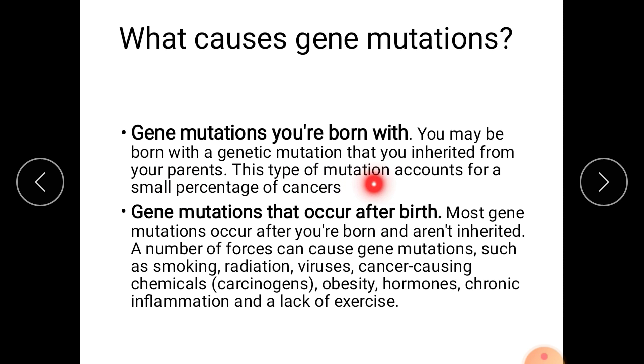This type of mutation accounts for a small percentage of cancers. So people may be born with a genetic mutation that they have inherited from their parents. Very small percentage of cancers may be because of this type of inheritance, heredity from their parents.